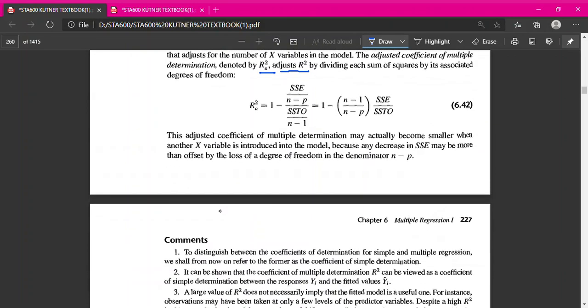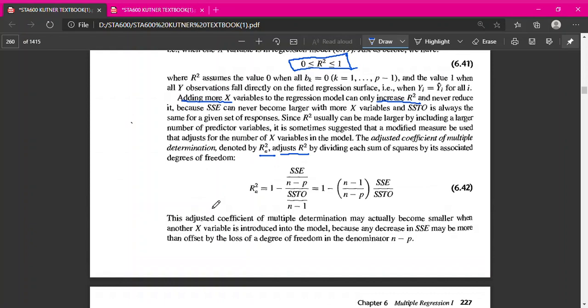This adjusted coefficient of the multiple determination may actually become smaller when another X variable is introduced into the model, because any decrease in SSE may be more than offset by the loss of the degree of freedom. So kalau R square tadi, R square dia akan sentiasa increase when we add the other independent variable in our dataset.